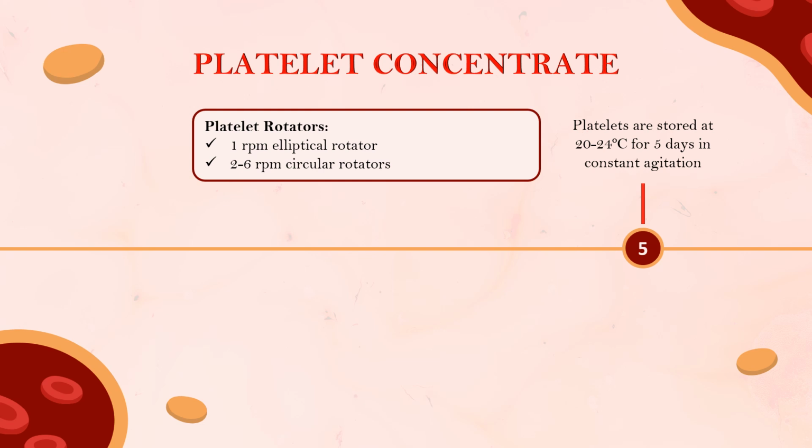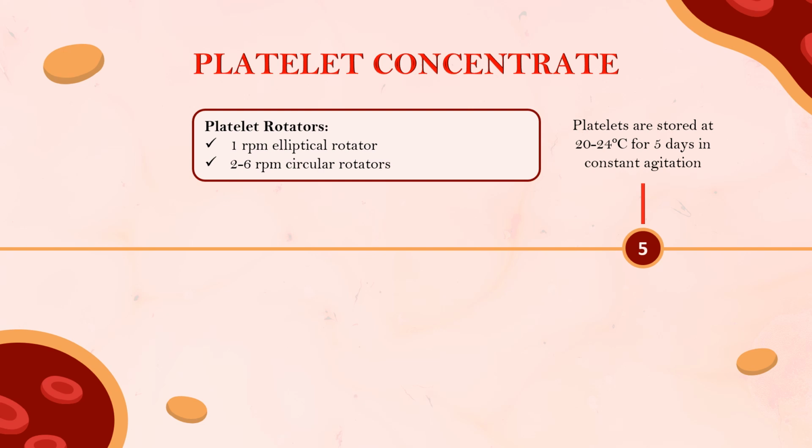Okay, platelets are actually stored at 20 to 24 degrees centigrade for 5 days in constant agitation. Okay, class, remember that platelet storage is performed on constant agitation at 20 to 24 degrees centigrade for 5 days. And always remember the constant agitation, class.